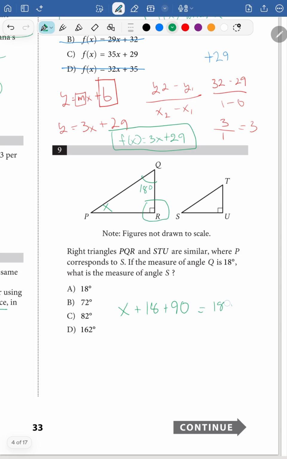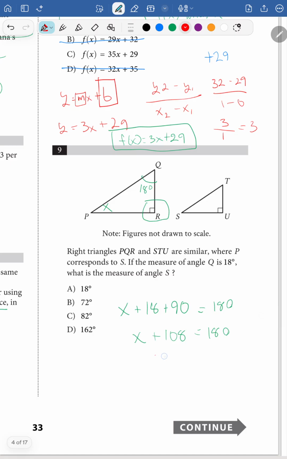Now let's just clean up this equation real quick. Let's add up 18 and 90. That should get you 108. So X plus 108 equals 180. Now here we see that 108 is being added to X, so we have to subtract it to get rid of it.